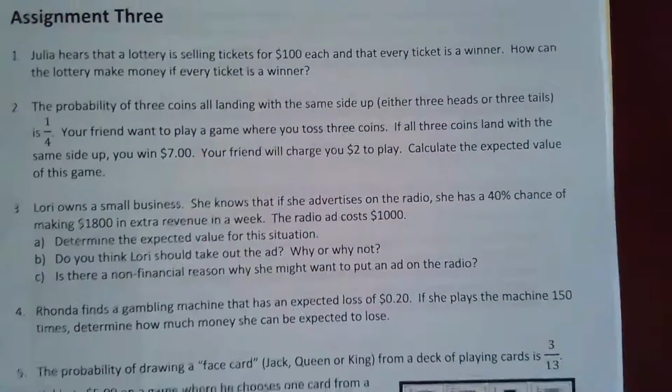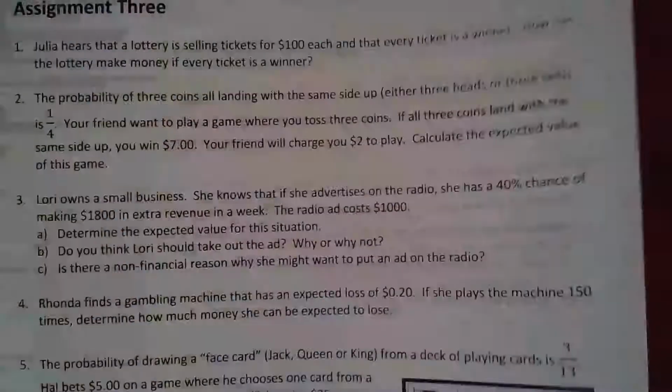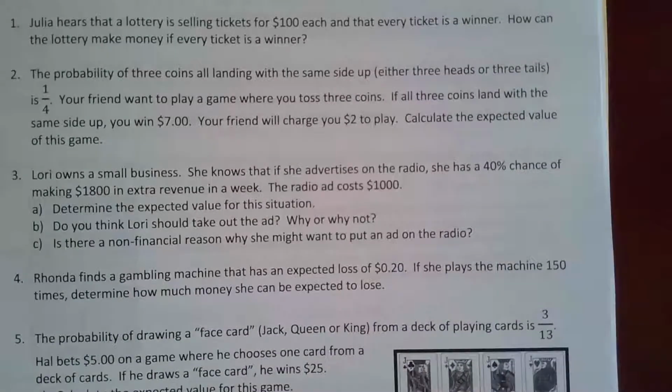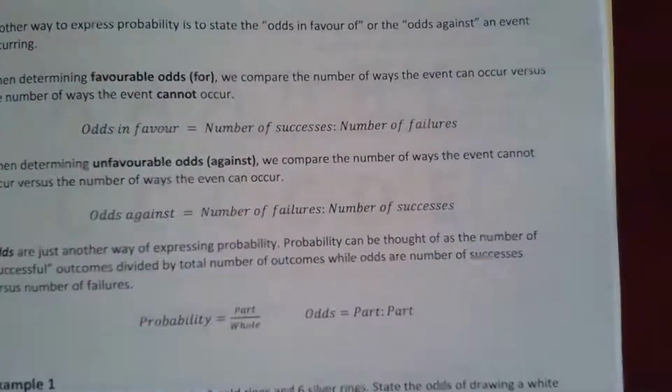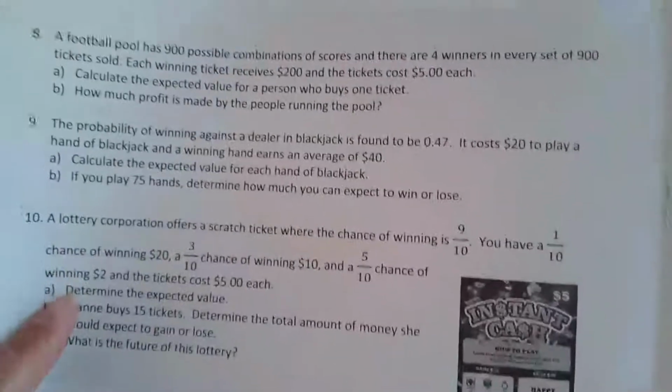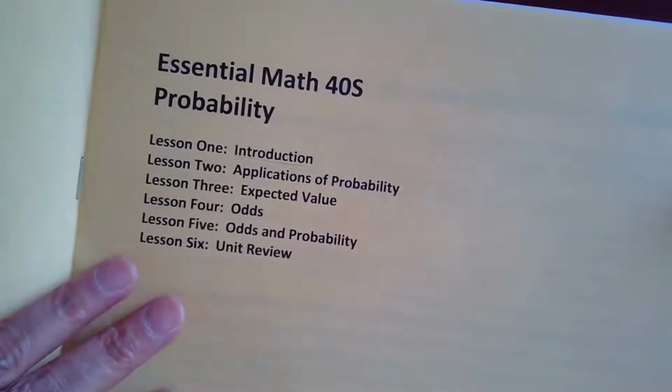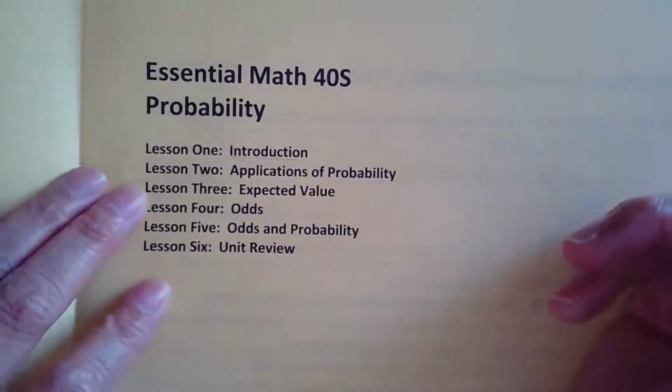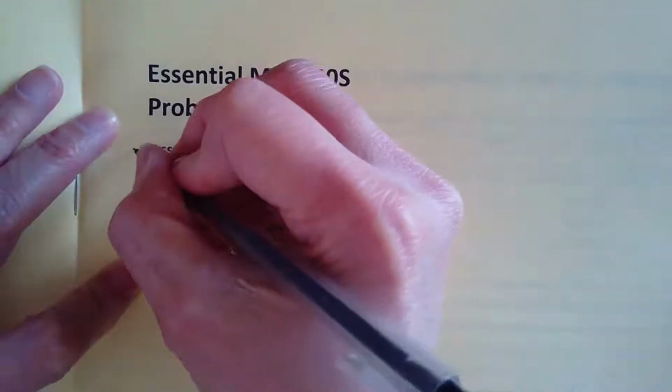If we take a look at assignment number 3, there are some questions in here on page 15. Going on to page 16. Now you're looking at this one here. What have we done so far? Okay, so we've done lesson 1.